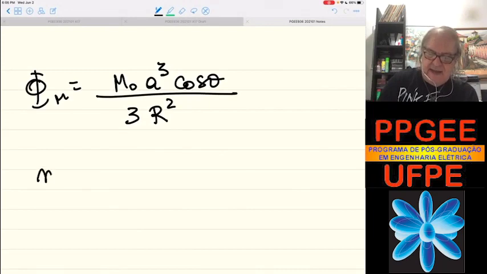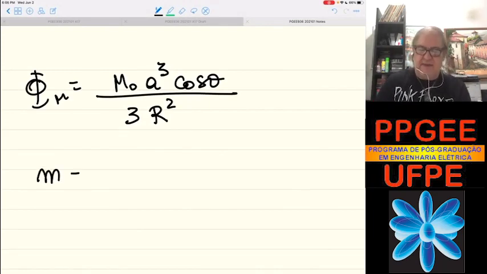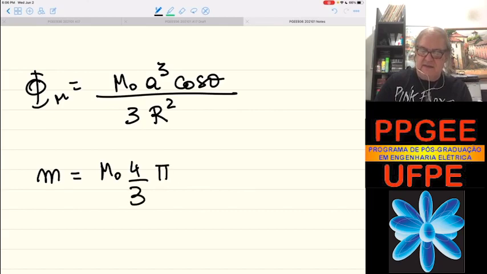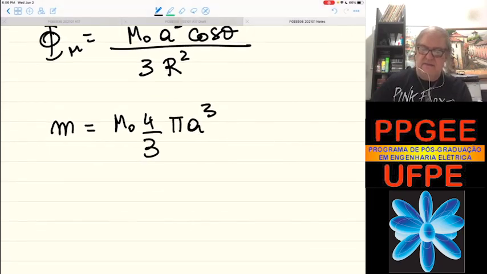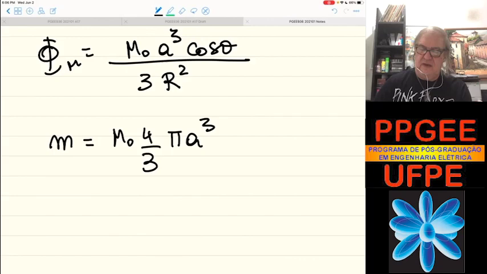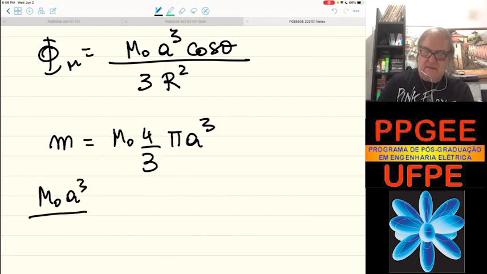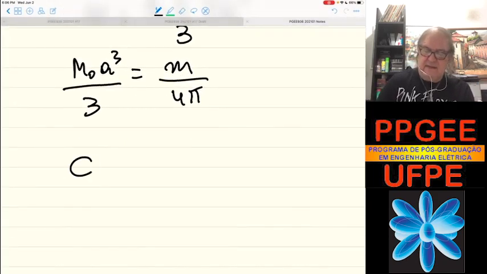And now the magnetic dipole is the magnetization times the volume in this case. So m0 a cubed divided by 3 equals m divided by 4 pi. So we have the magnetic potential outside.